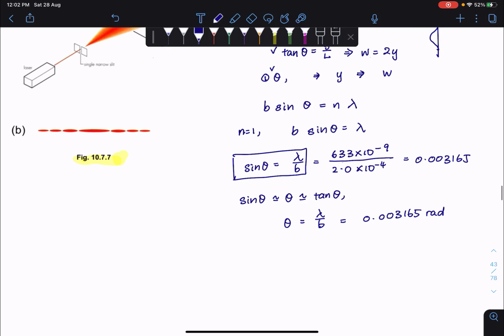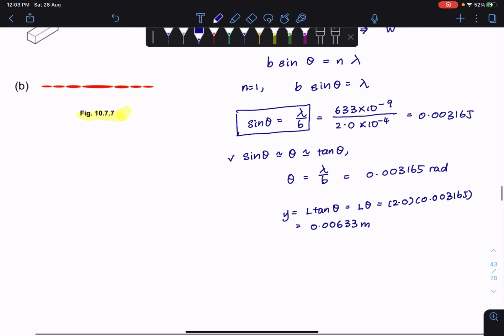So from this equation, y equals L times tangent theta. But using small angle approximation, when theta is very small, tangent theta is approximately theta. So this is actually equal to L times theta. So putting that in, we'll have 2.0 times 0.003165. And that will work out to be 0.00633 meters.